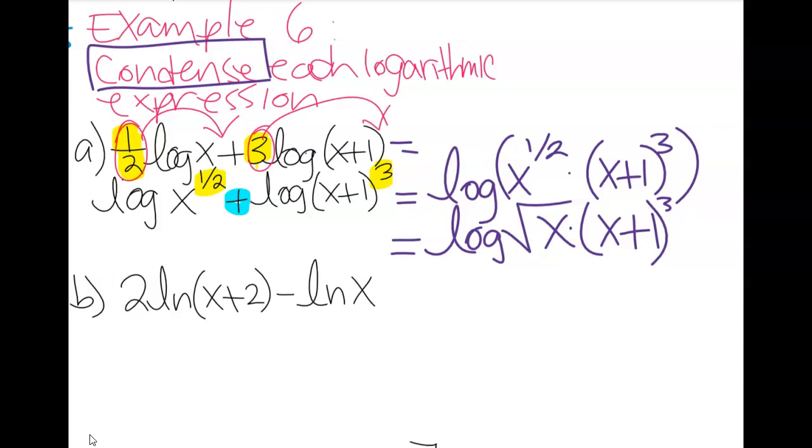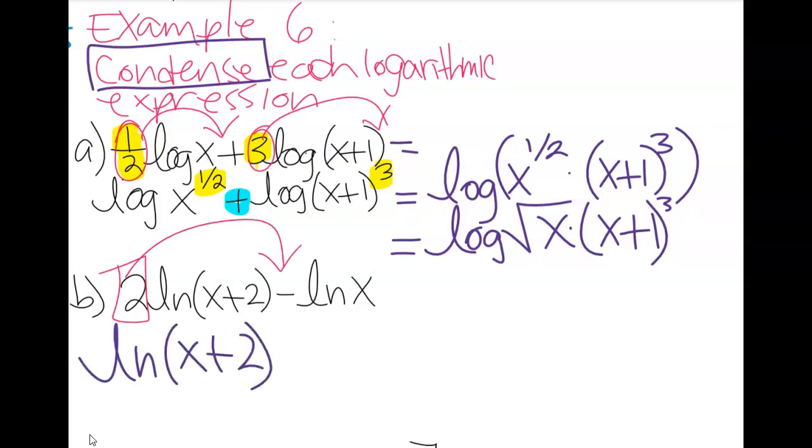Now, the next one, we will do the same thing. First, apply the power property in reverse, make that coefficient turn into an exponent. So we will have ln of x plus 2 to the power 2. Then the minus here, well, let's just write it here and we'll change it on the next step.